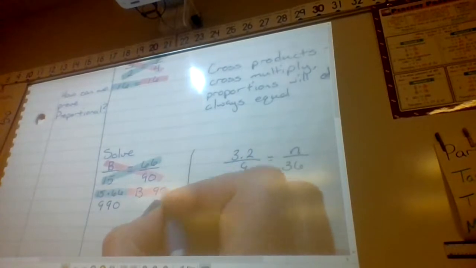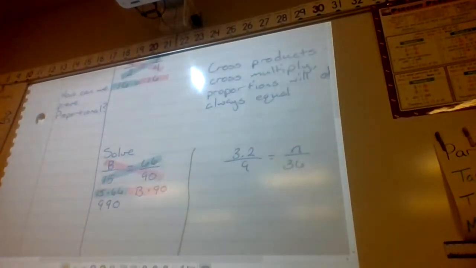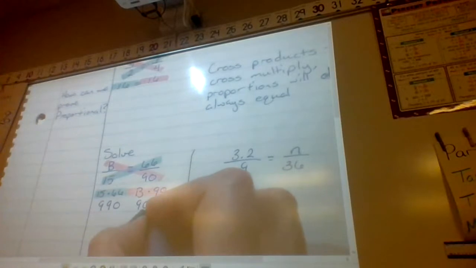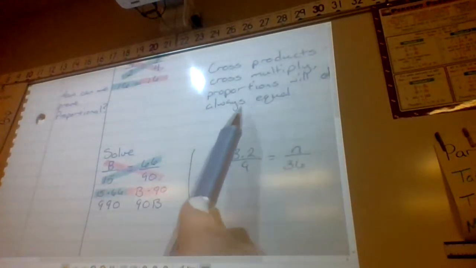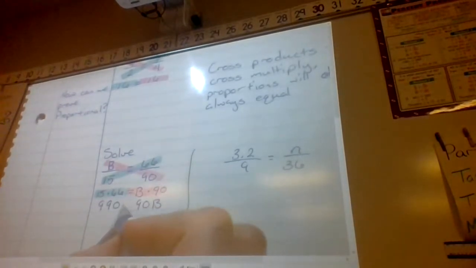B and 90. What do we do with that B and 90? You multiply. What's B times 90? What did we say about cross products? They have to be equal. So we're going to put an equal sign in between them.